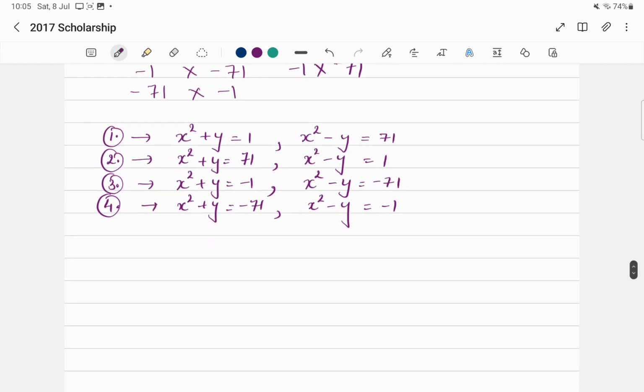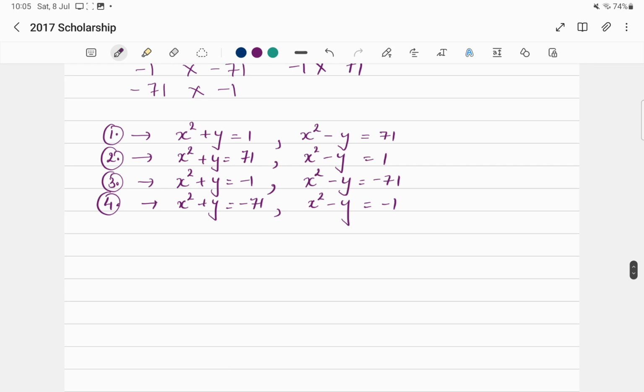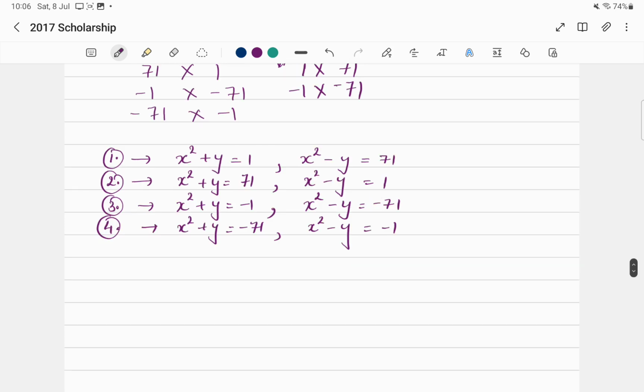Now let's solve each set of equations and see what we get. For the first one, x squared plus y equals 1 and x squared minus y equals 71.